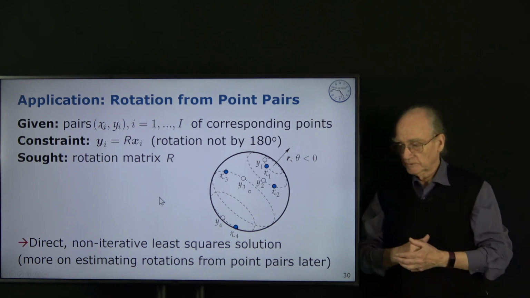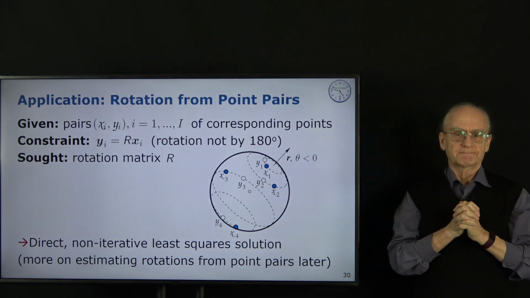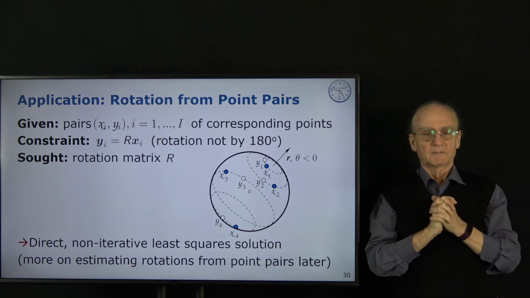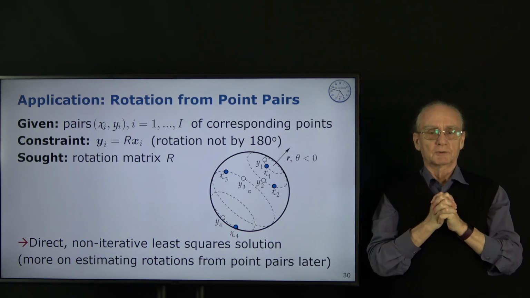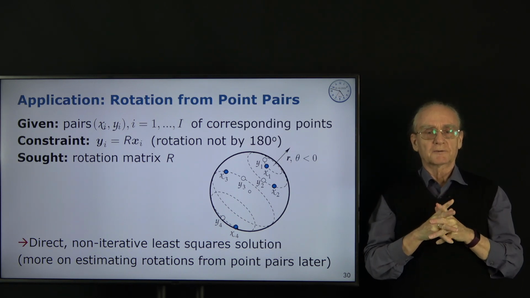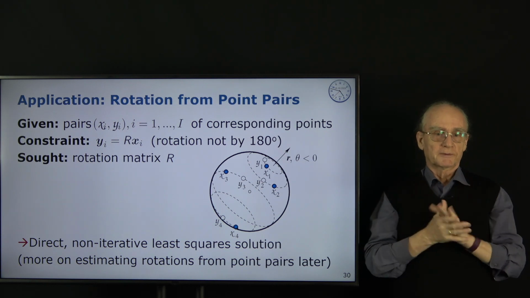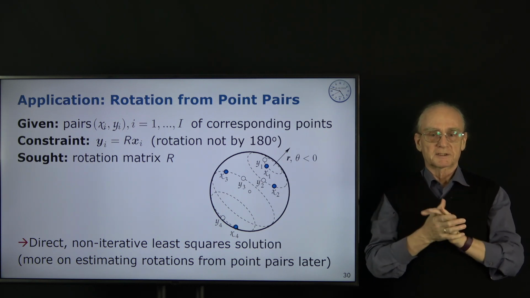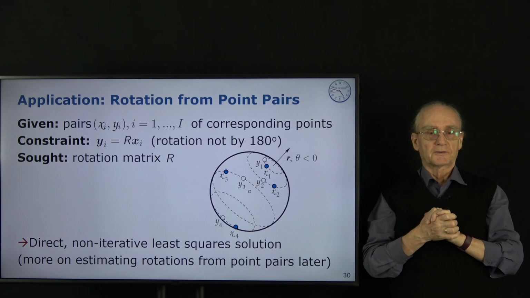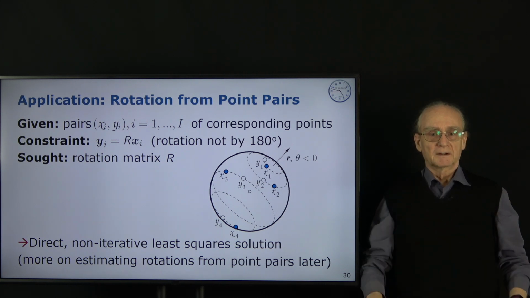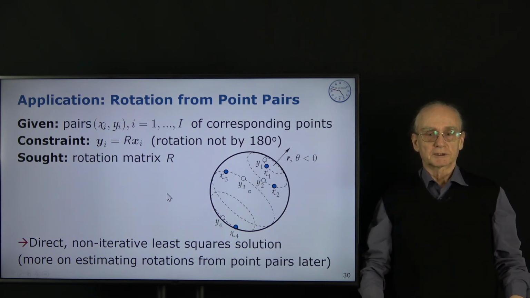Now, why is the Cayley transformation interesting? Let's make an example. We can apply it to the following problem. Let's assume we have I points, here in this case 4, on the sphere, and they are related by rotation.